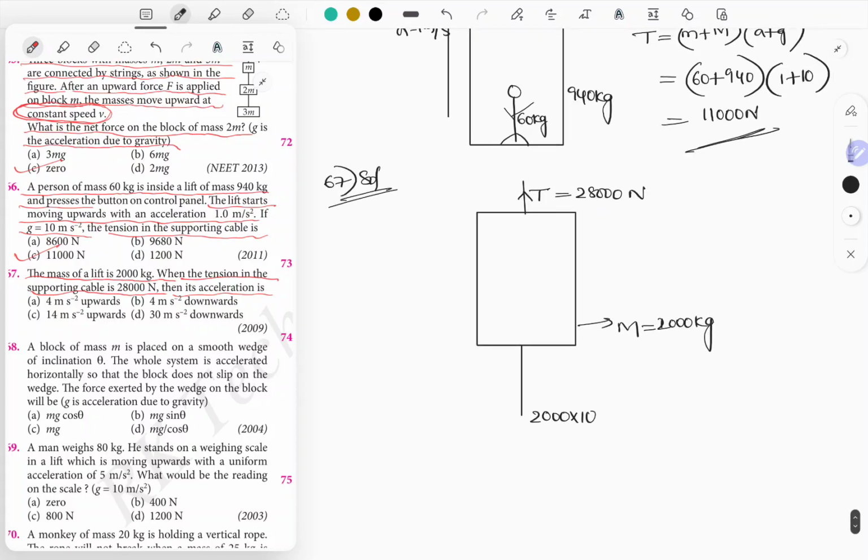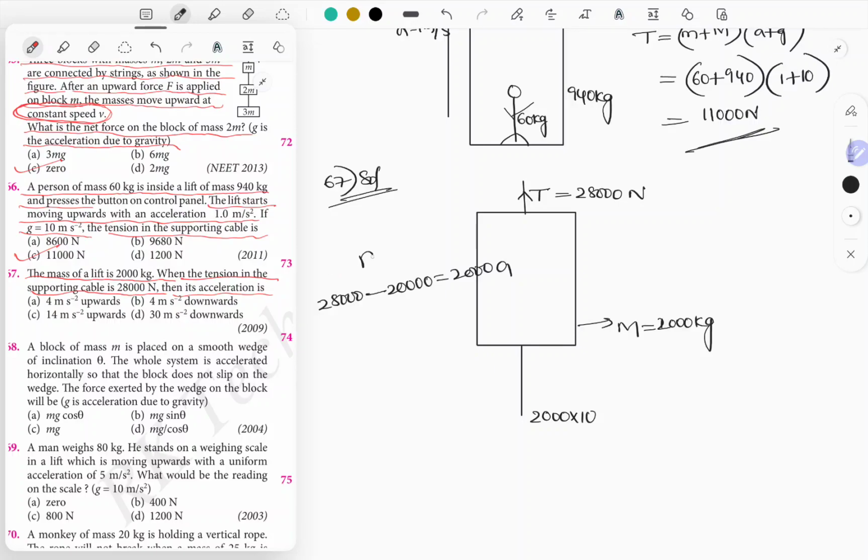As the tension in the cable is greater than the weight acting on this body, definitely T is greater than the weight. So T minus weight, that is 28,000 minus 20,000, is equal to 2000 into acceleration.